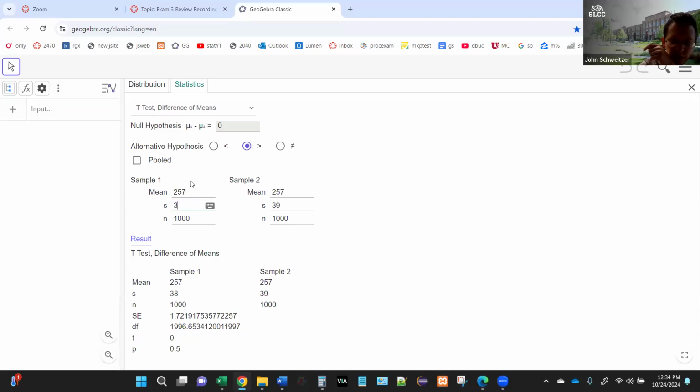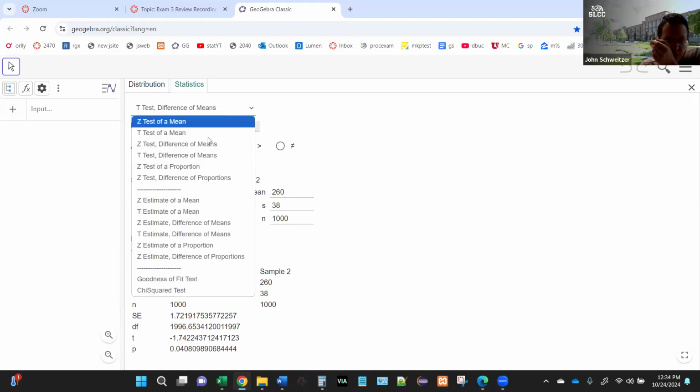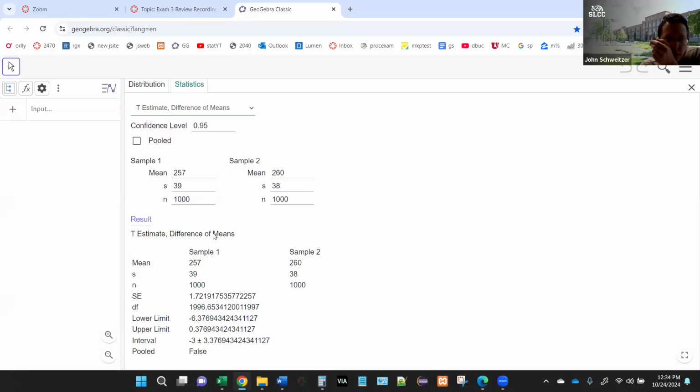Okay, so let me go back to what I had before: 57, 39, 260, 38, right? This is the order we had before. So if we switch over to the confidence interval now, there's not any work to do really. You just have to come down here and click on this and then it works.